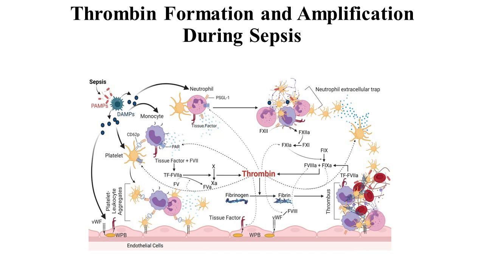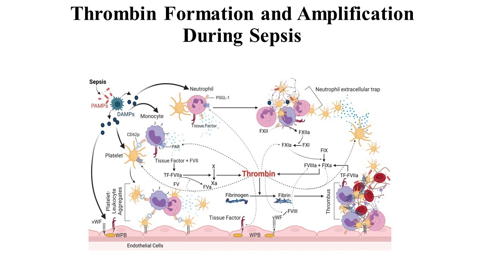This inflammatory signaling induces the release of cytokines including TNF-alpha and IL-1 beta, which upregulate tissue factor, TF, expression on circulating monocytes and endothelial cells. Under normal conditions, tissue factor is not exposed to circulating blood, but during sepsis, its widespread expression initiates the extrinsic coagulation pathway.